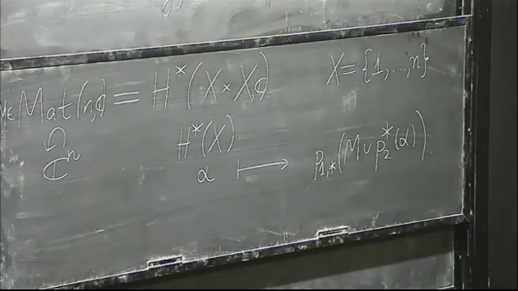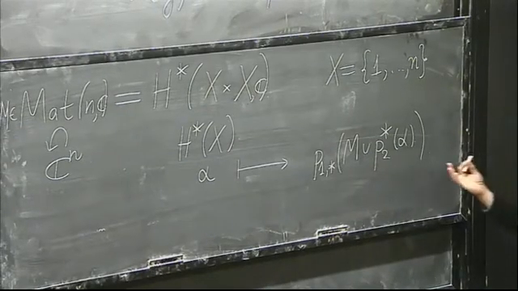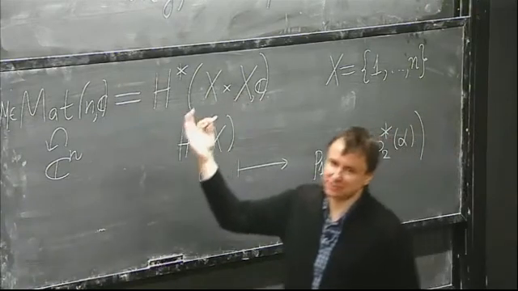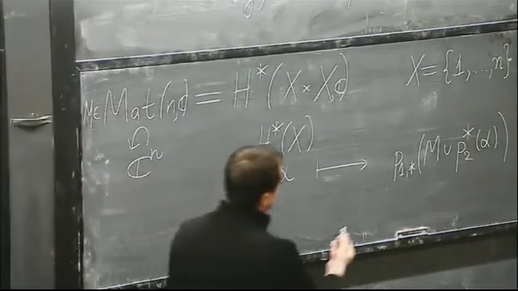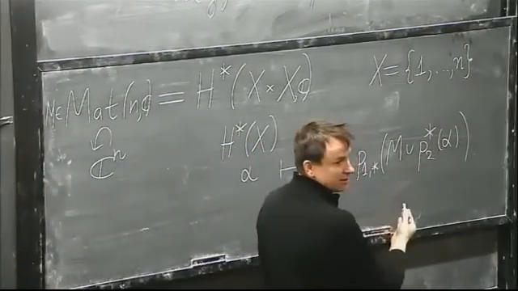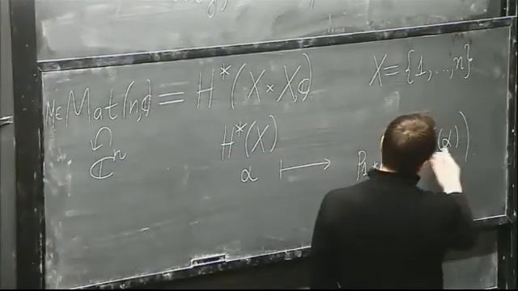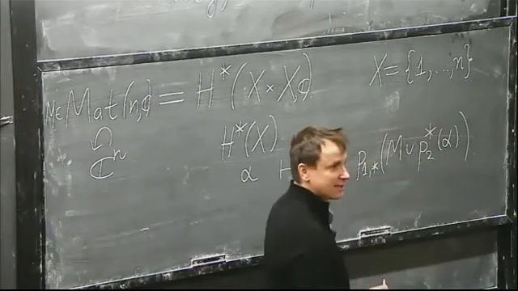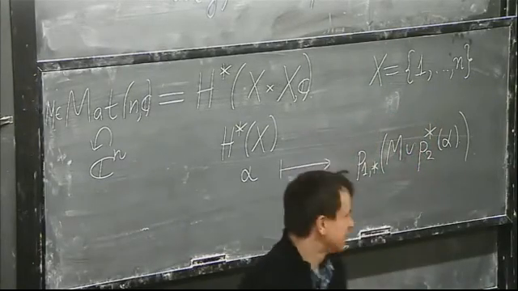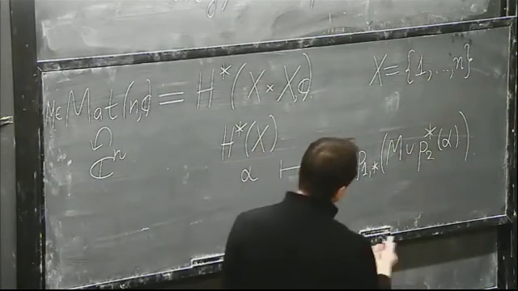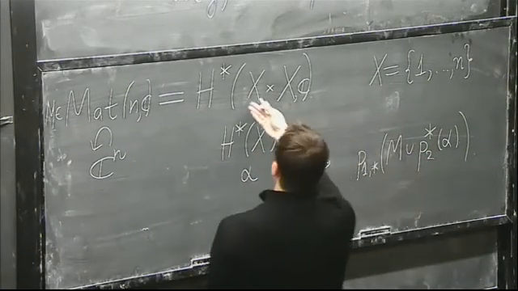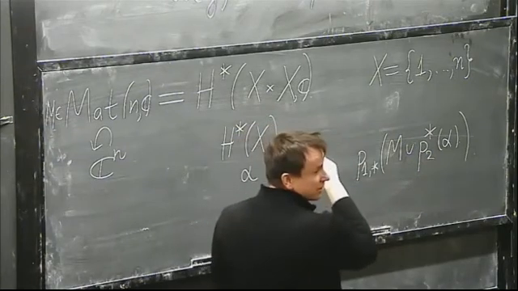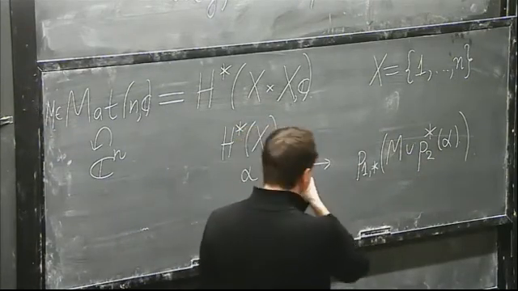This formula works for whatever X, as long as this pushforward is proper on the support of that class. So it works in cohomology, in K-theory, in Chow groups, wherever. The cohomology of the product acts on the cohomology of the individual factor.